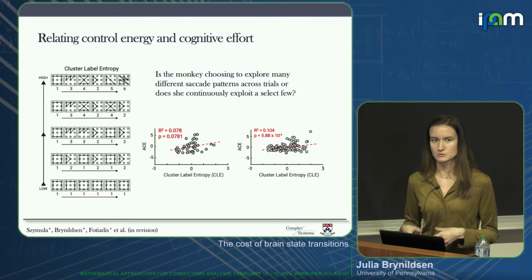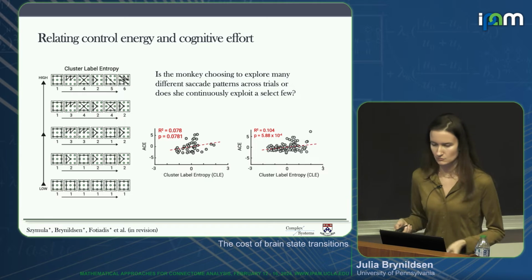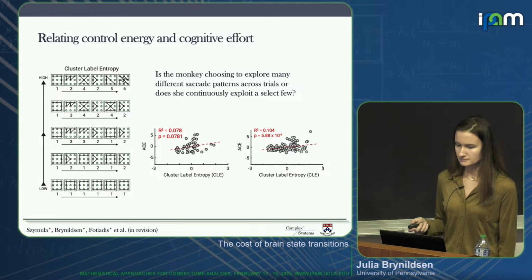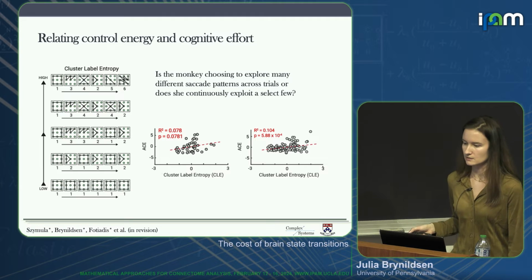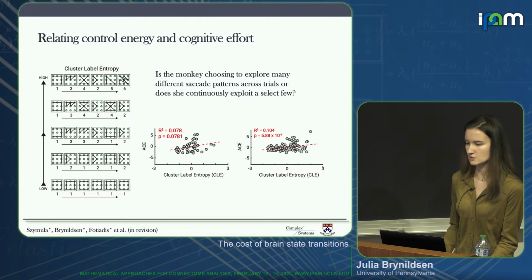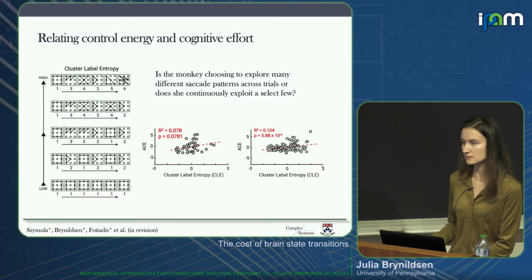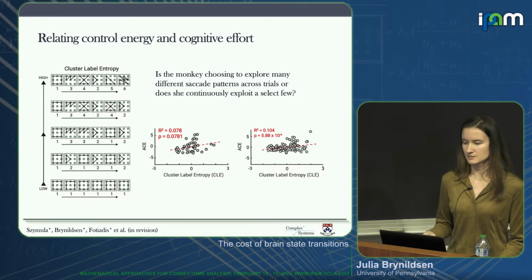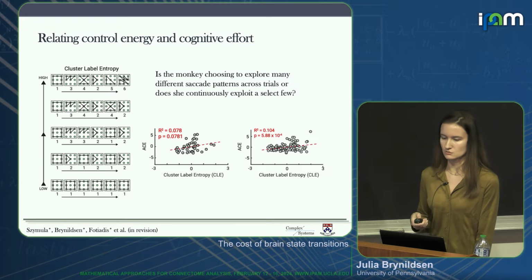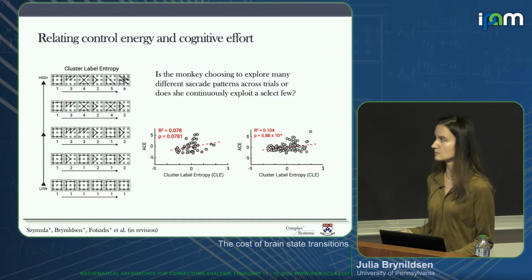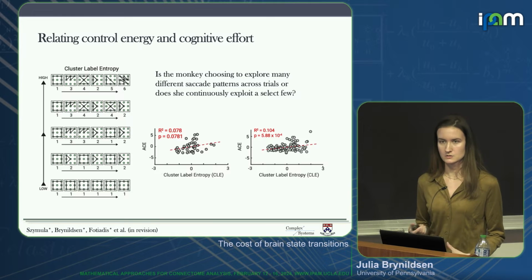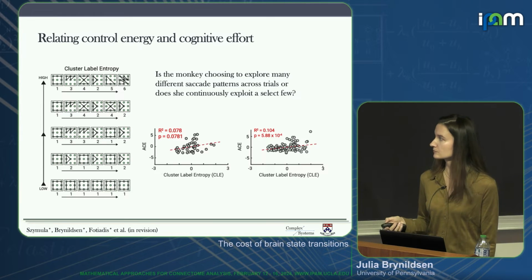The monkey has learned the most efficient patterns for attaining the reward. And here we see a positive relationship between this metric and control energy, suggesting that less entropic saccade selection is less energetically costly. So together, these findings suggest that control energy decreases with increases in efficiency and automated behavior that we associate with habit learning.